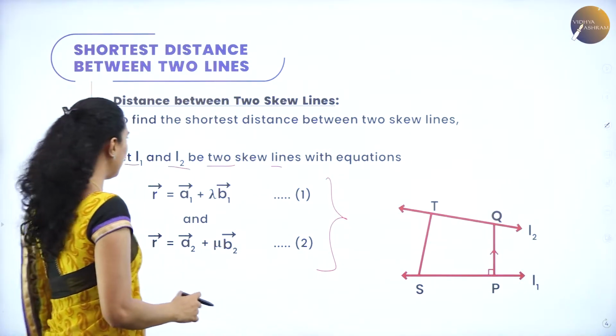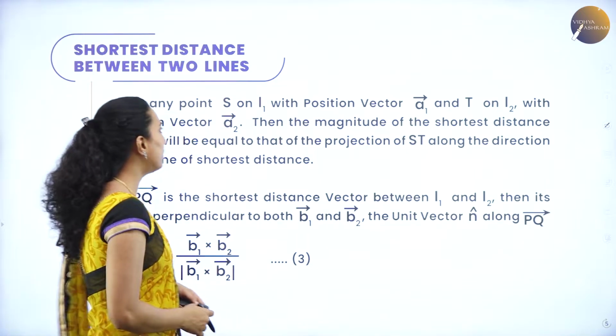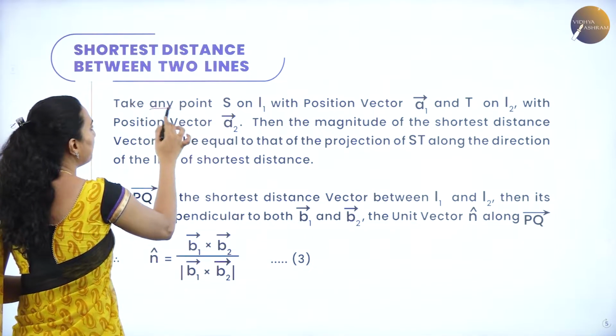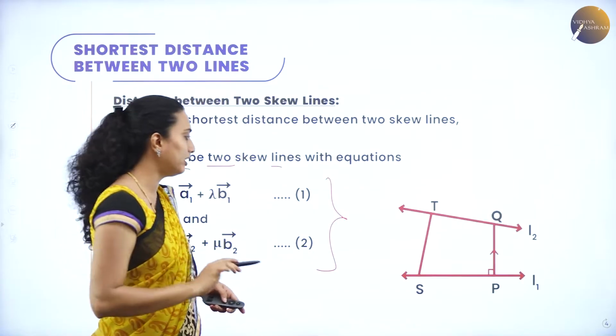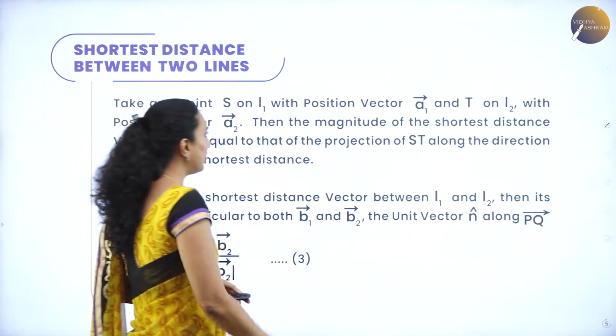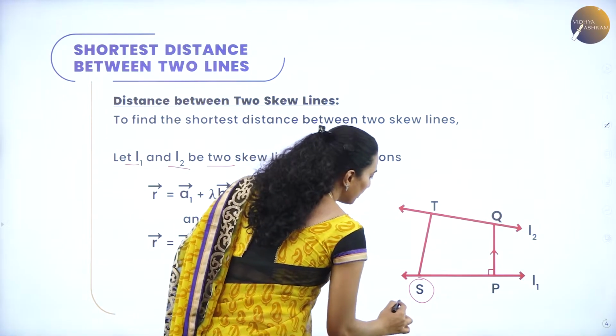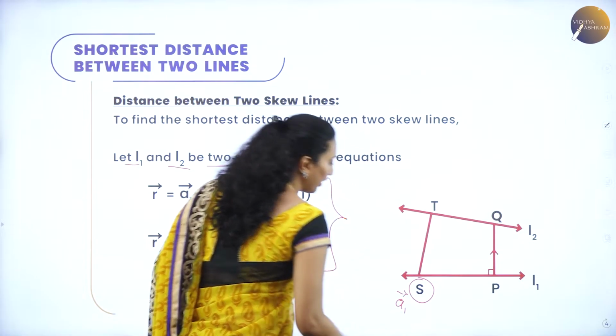So this is a derivation. This part you have to write along with the diagram. Next we'll take any point S on line L1, with position vector a1 vector.